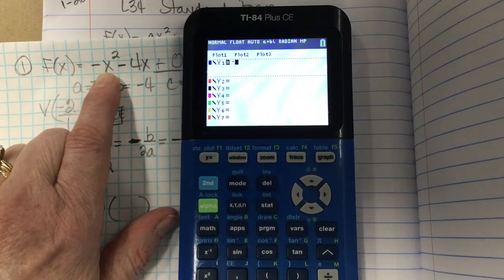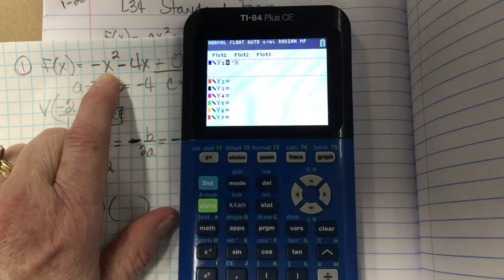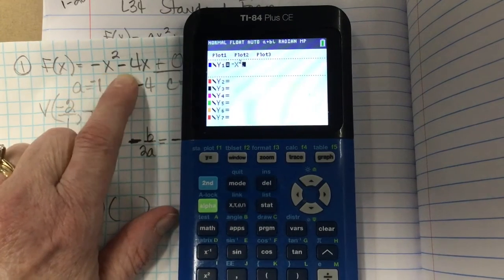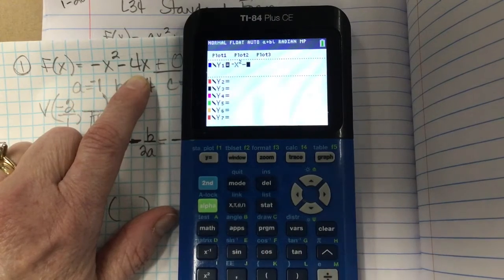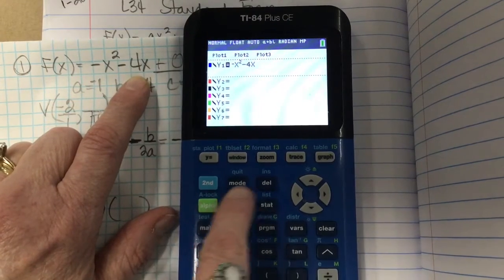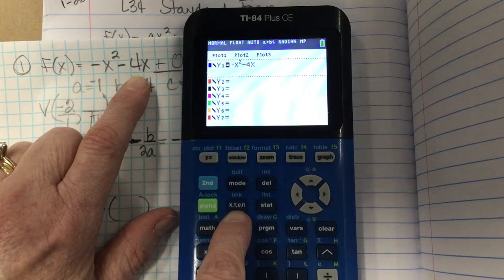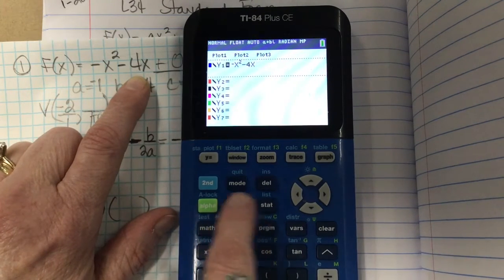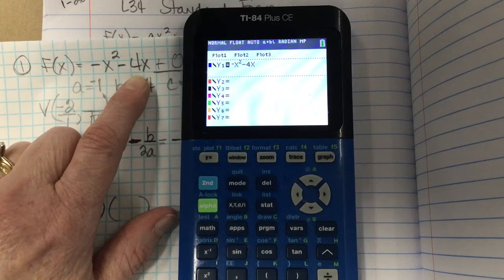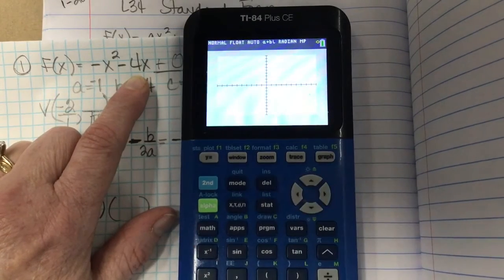So negative x, use your squared key, minus 4x. If you want to put the 0 in, you can. Remember, your x is your little xt alpha mode key right here next to alpha. You should still be in standard window. If you're not sure, you can do zoom 6, hit graph.